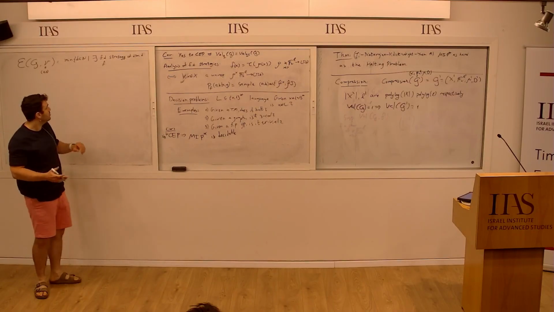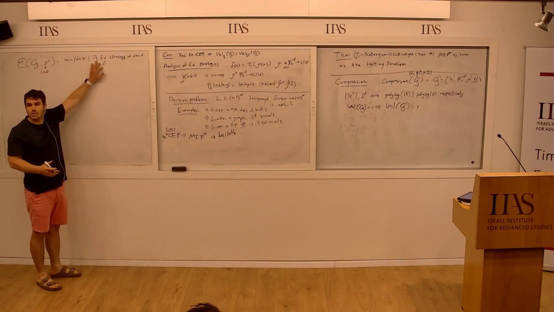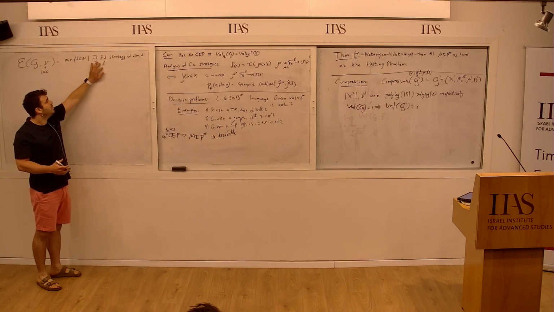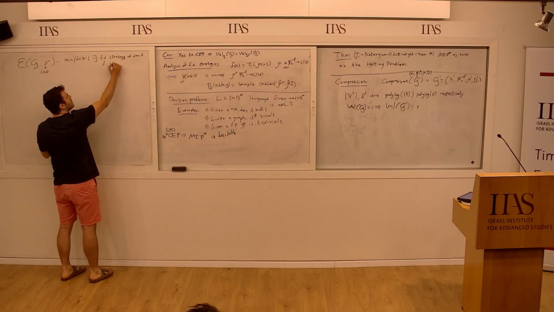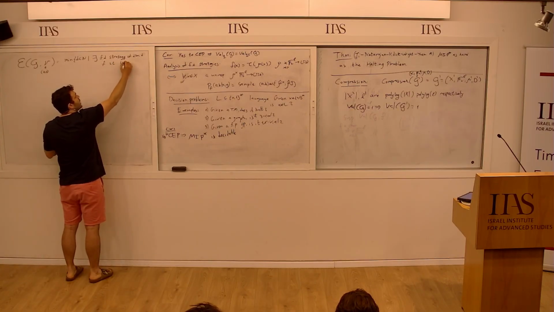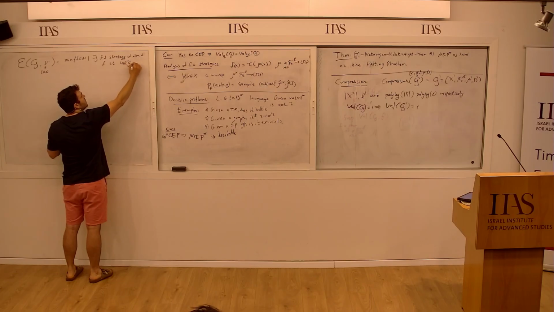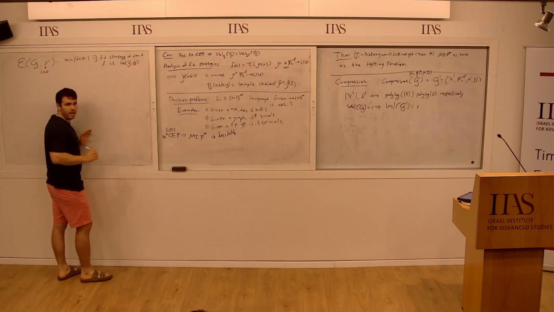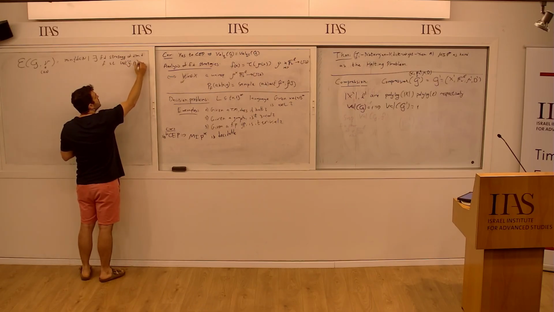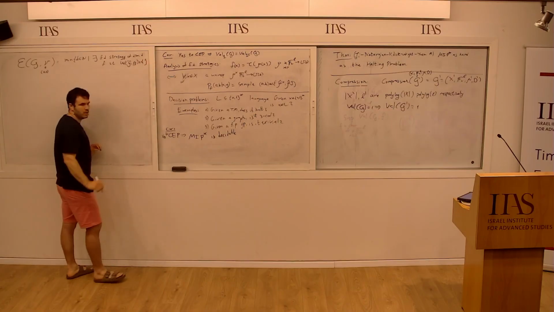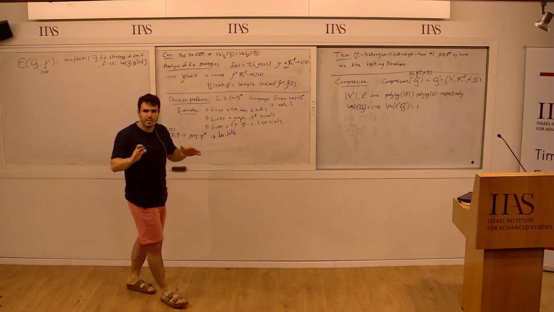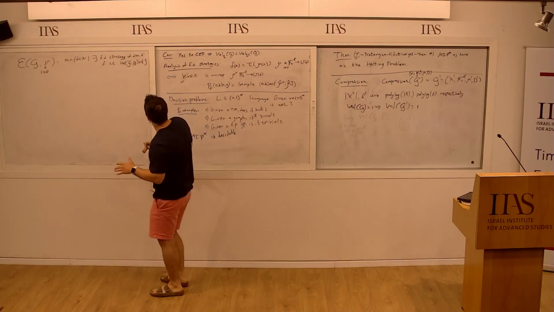Remember this old stuff. So F is the character associated to this d-dimensional strategy, such that when you check how well this strategy plays in the game, it is at least nu. So what is the lowest dimensional strategy?